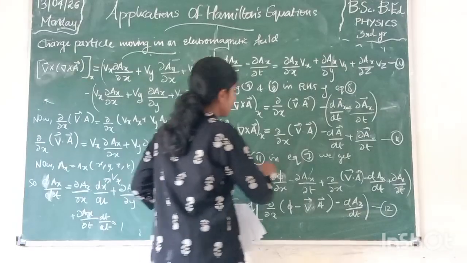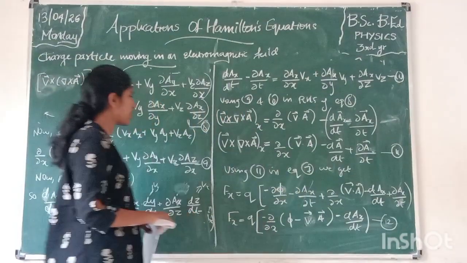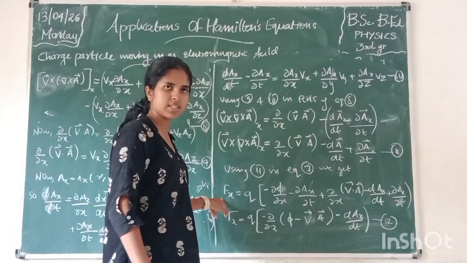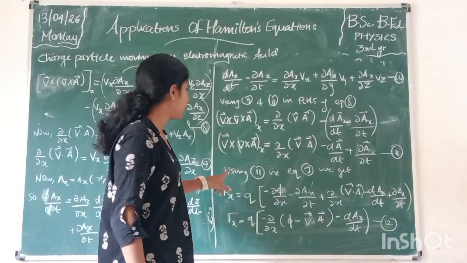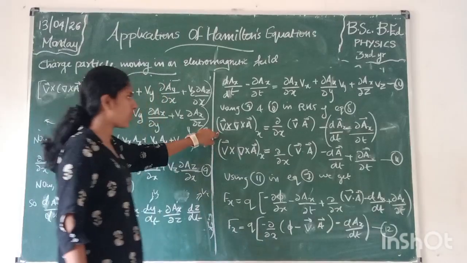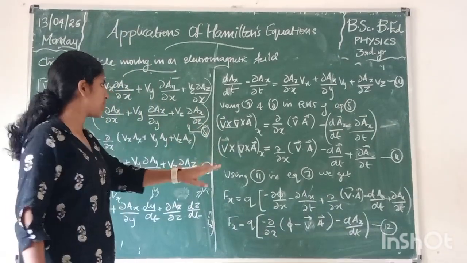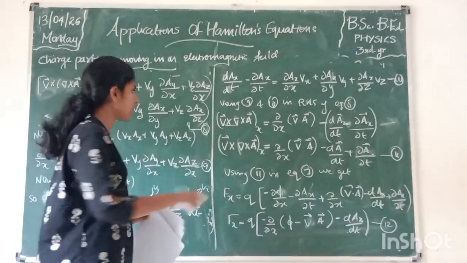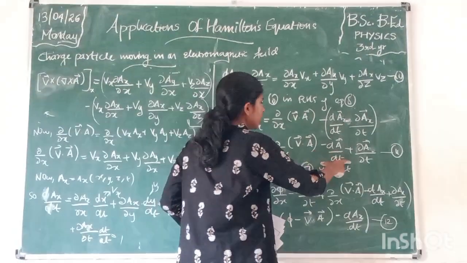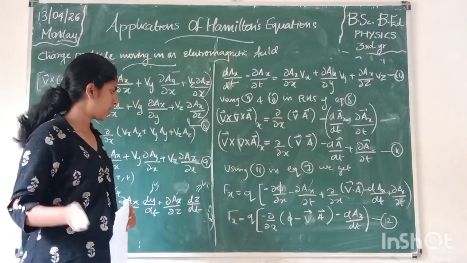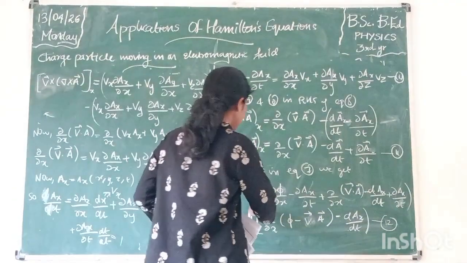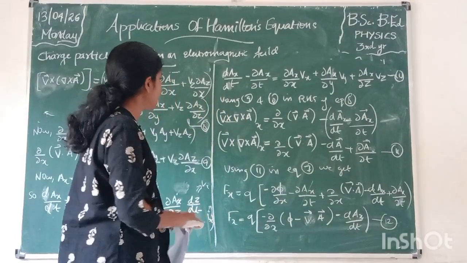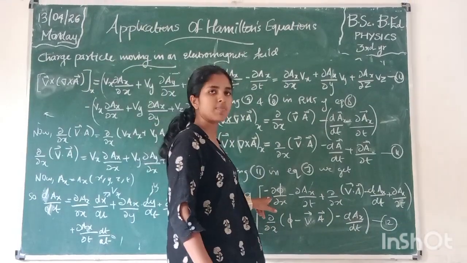And using that in equation 7. What is equation 7? Equation 7 we already wrote, the equation of force. There we are substituting P dot, as I have already mentioned, we want to find E cross del cross A. In that we got this E cross del cross A as a short term, that is equal to minus ∂/∂x. This is already written as minus del phi.